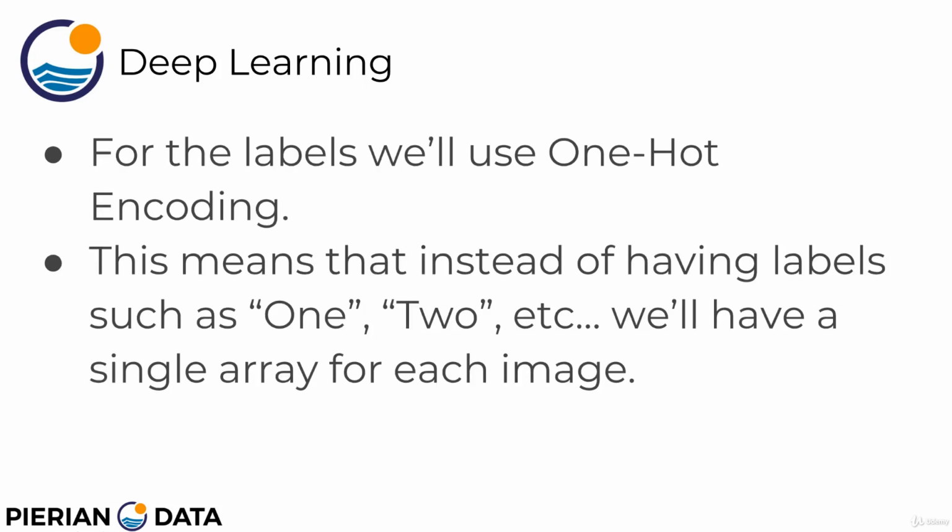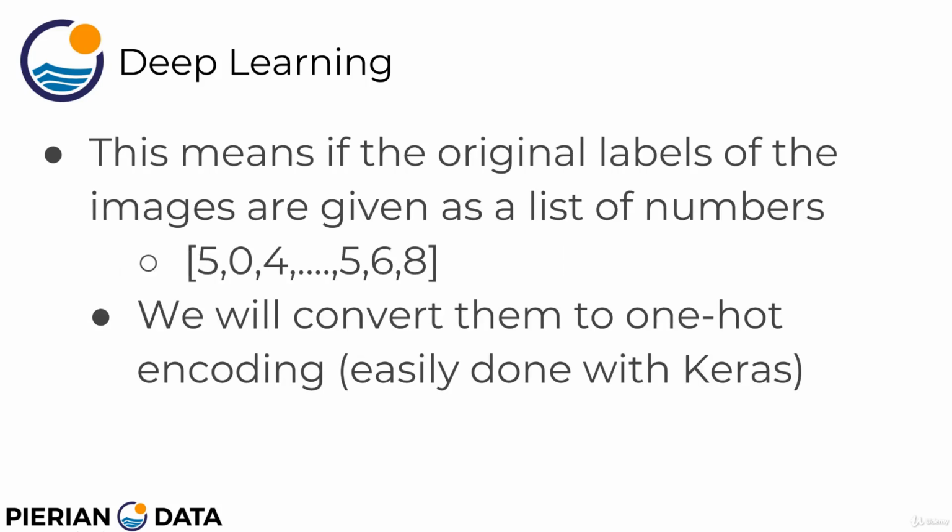Now for the actual labels, we're going to use something known as one-hot encoding. This means that instead of having categorical labels such as the strings 1, 2, etc., we'll have a single array for each image. The original labels, when you load them in Keras, are given as a list of numbers. So if the very first image is a drawing of the number 5, then its corresponding label is just the digit 5.